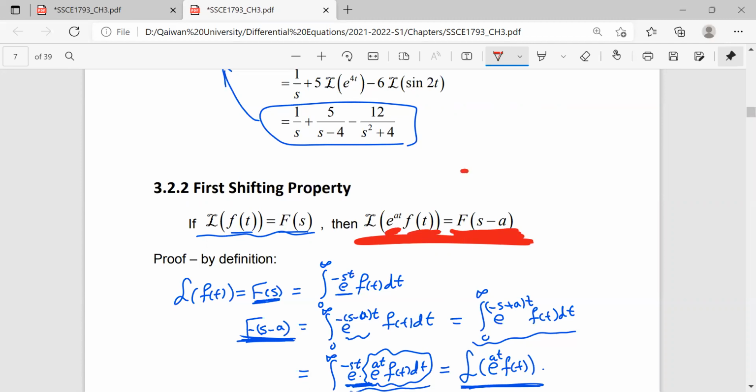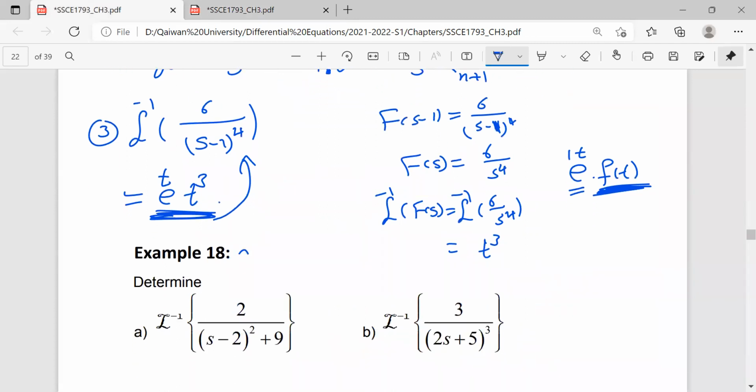That means we find the Laplace transform for f of t, and then we replace each s by s minus a. The Laplace of e to the power t times t cubed: the Laplace of t to the power 3 is 3 factorial over s to the power 4. And here you have e to the power t, so we replace each s by s minus 1. That's 6 over s minus 1 to the power 4, which is the original one.